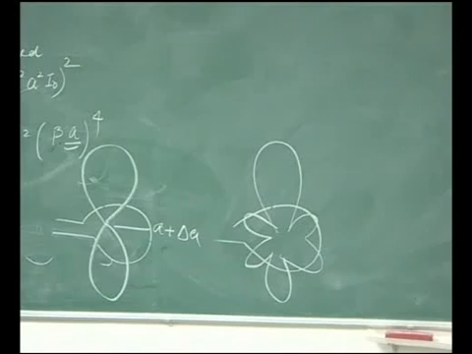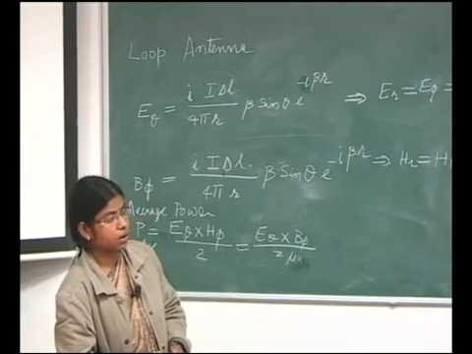Means they give very focused radiation in one direction. Their directivity is around 9 dBi. The directivity of loop antenna is about 9 dBi, which is much larger than their dipole antennas, their electrical counterparts.